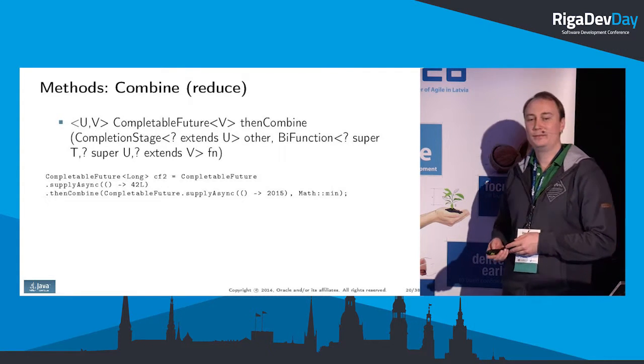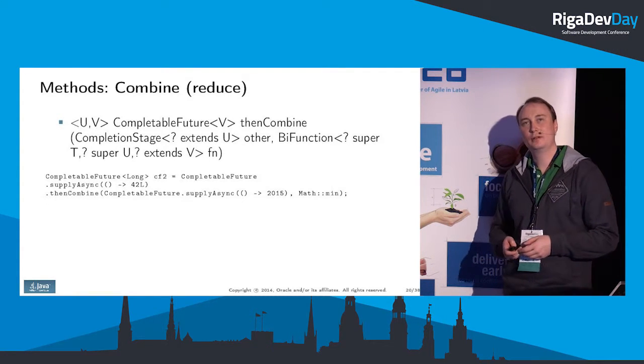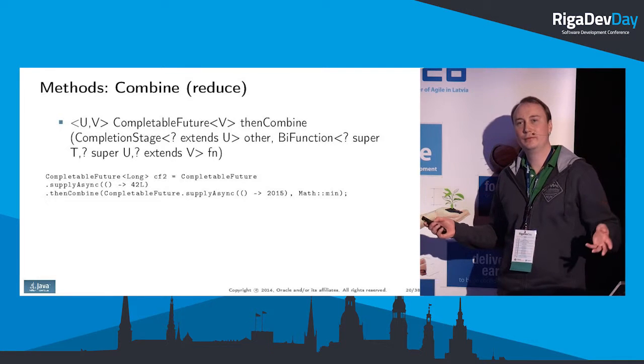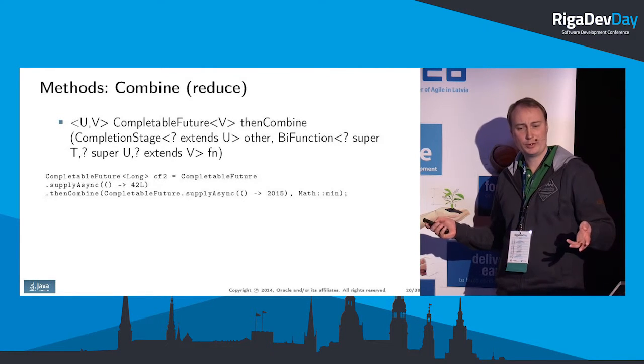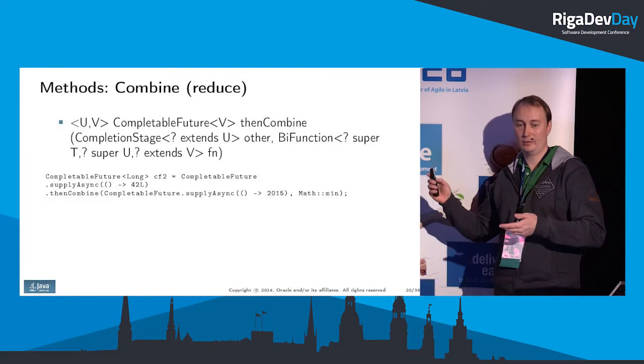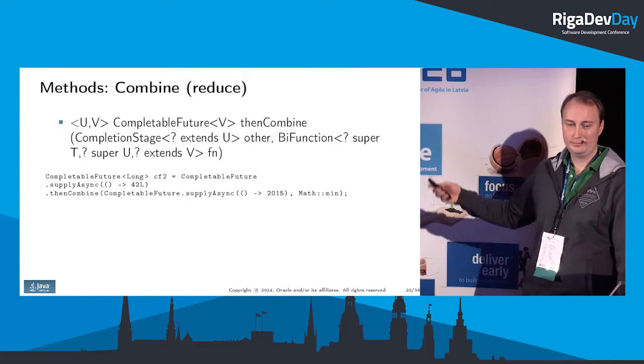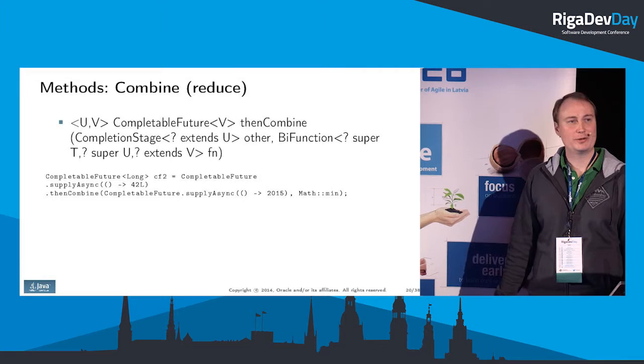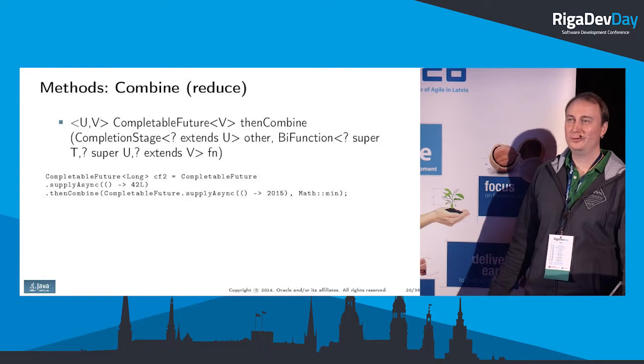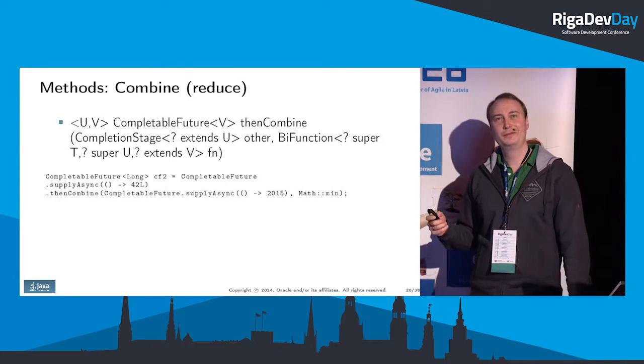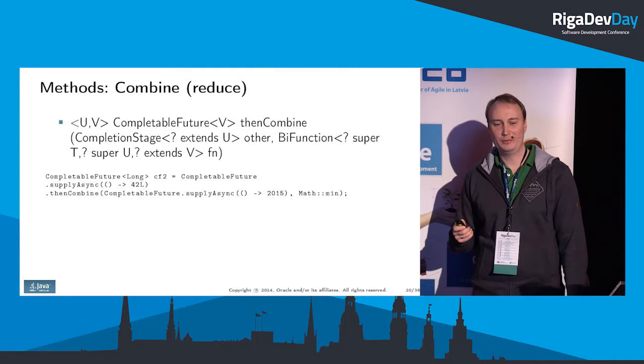We can take the results of two completable futures and combine them using some function. All right. Let's calculate two hard values, 42 and 2015, and calculate the minimum.